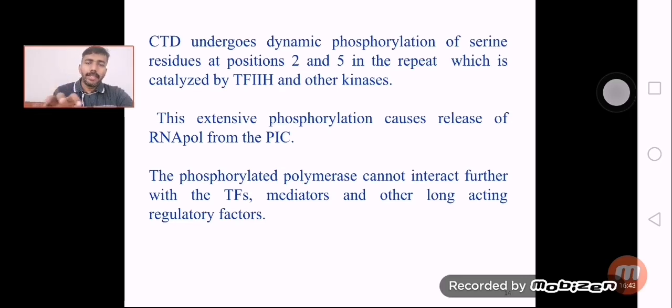Once the phosphorylation of the CTD of the RPB1 is done, this causes a dissociation of the enzyme from the transcription factors, especially from the TF2B and other transcription factors. And this will cause the polymerase to move along the DNA template.